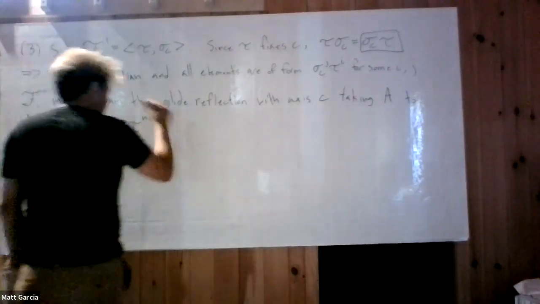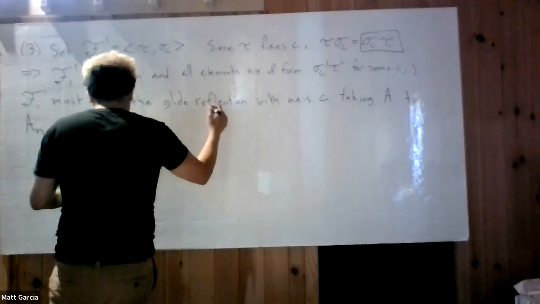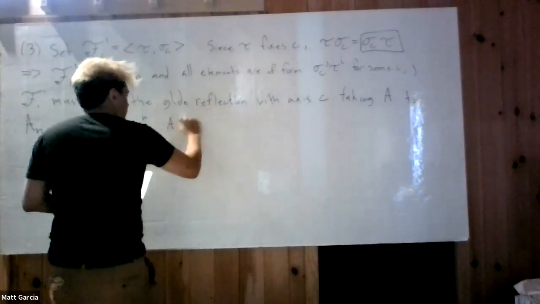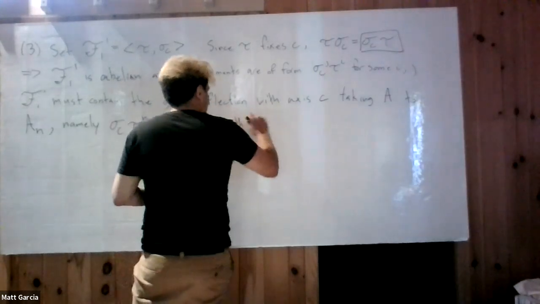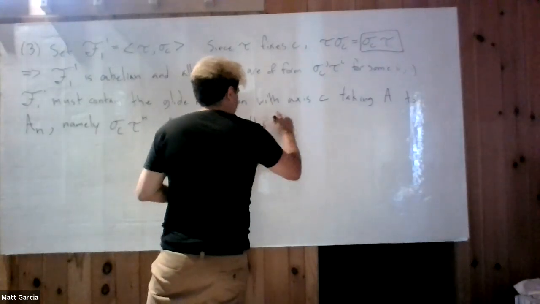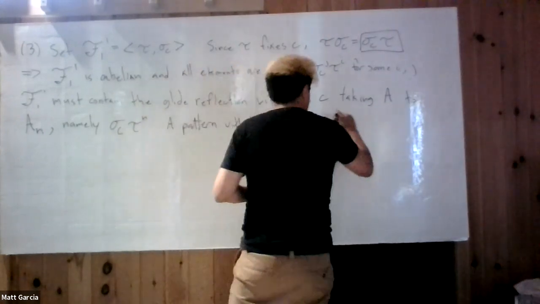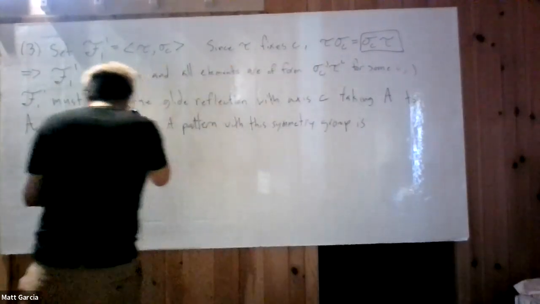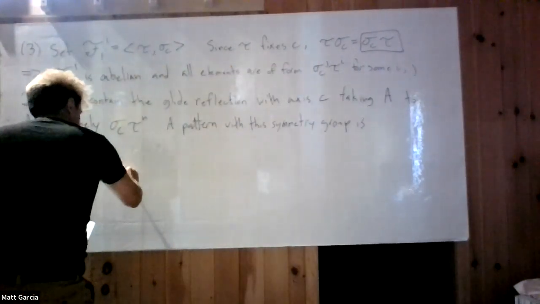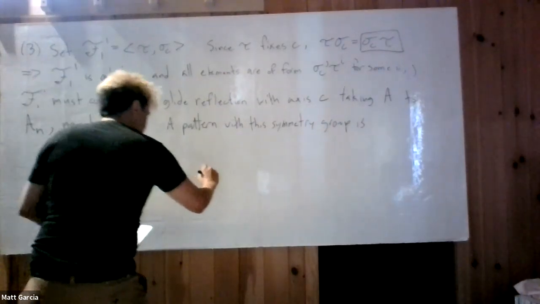So a pattern with the symmetry group F11 is the following. Same notational convention. Solid dots are A's, hollow dots are M's.